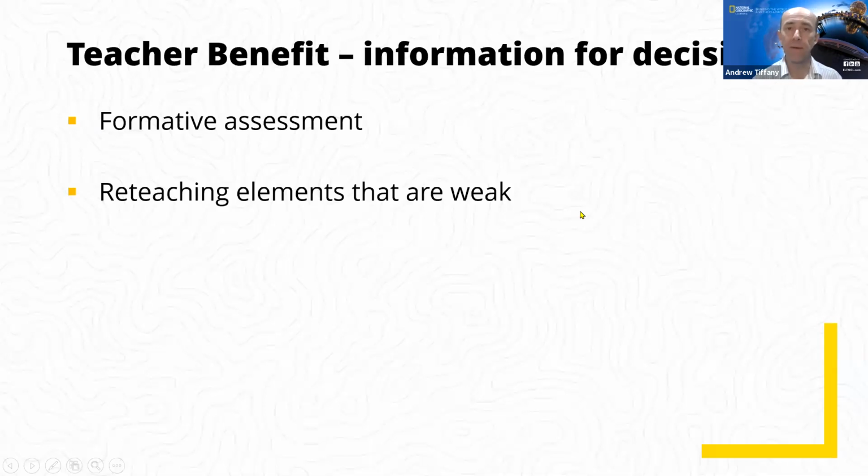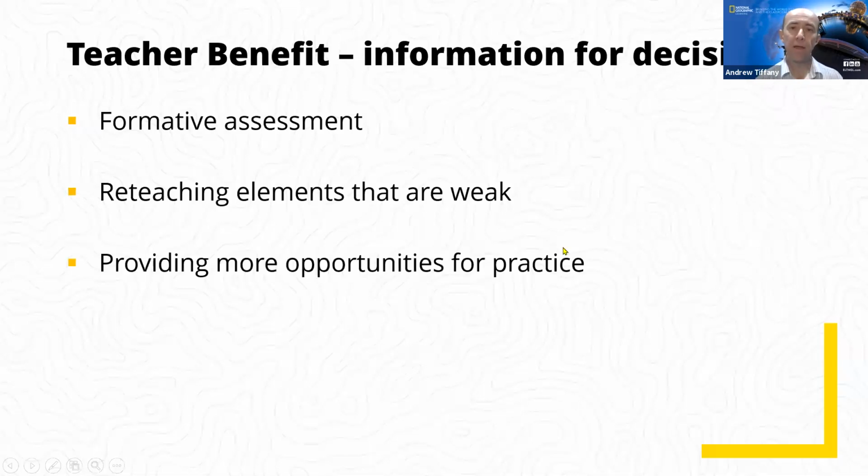Maybe everybody's good on vocabulary but needs more work on grammar, for example. That way we can provide more opportunities, not just for practice, but for the right practice, the needed practice. Combining the data from the system with formative assessment when you're teaching lets you pick the right pieces of practice to give your students to move them forward. I hope that makes sense.